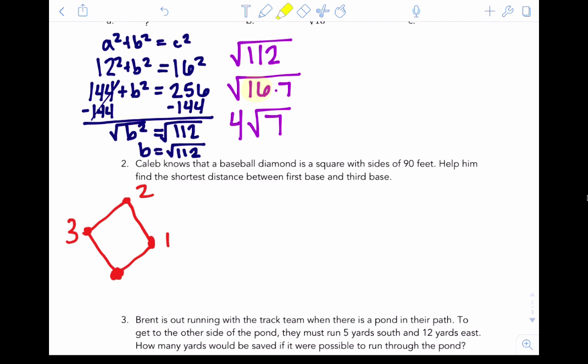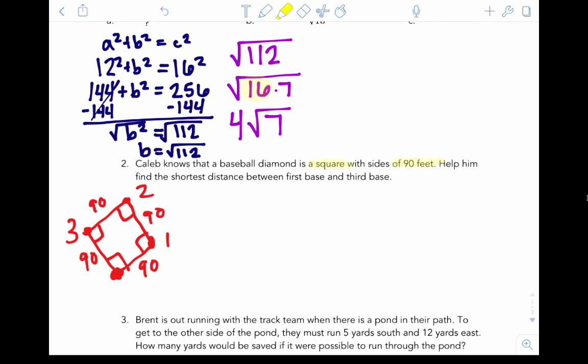And it tells us that the sides are all 90 feet. So I know that all the side lengths are 90. And I also know that it's actually a square. So these are all 90-degree angles.